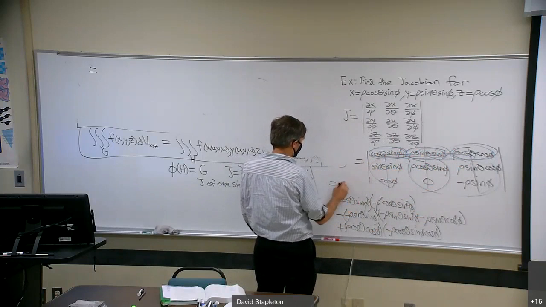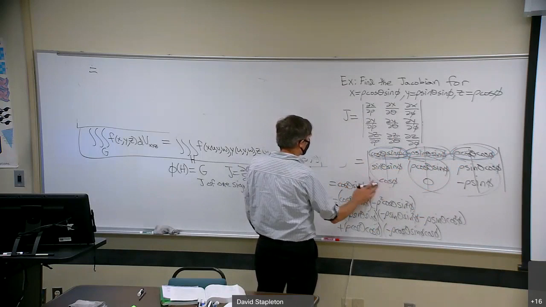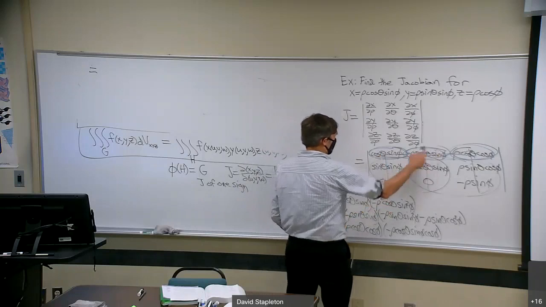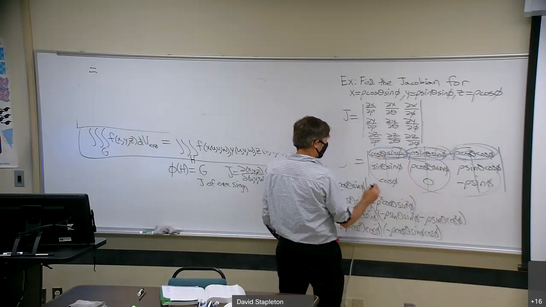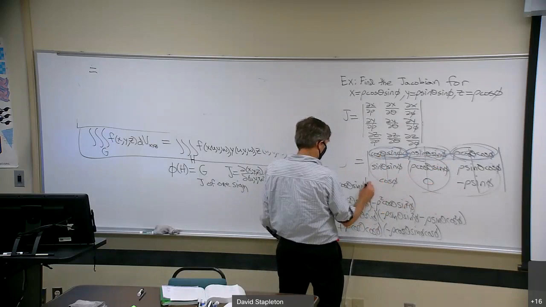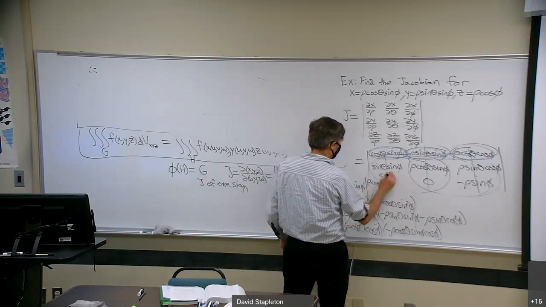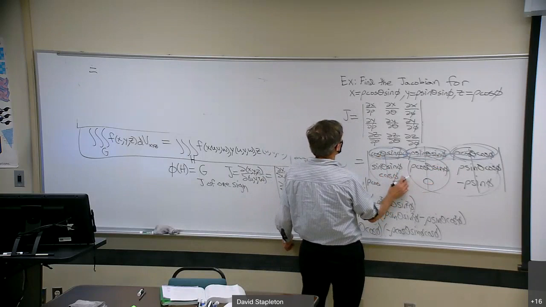So it's the first element, cosine theta sine phi, times the 2 by 2 determinant. That's how we define the 3 by 3 in terms of 2 by 2, got by wiping out its row and column, so it leaves these 4 elements.